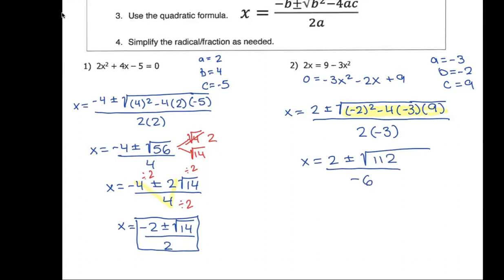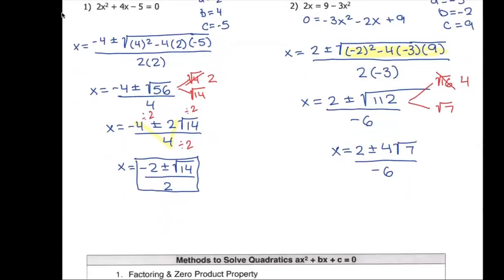112 can be divided by the largest perfect square. I'm trying 16. 16 does work. So I'm going to break this up into the square root of 16 and the square root of 7. We know the square root of 16 is really 4. So I'm going to simplify that one more time. That'll give me 4 square root 7, all divided by negative 6.